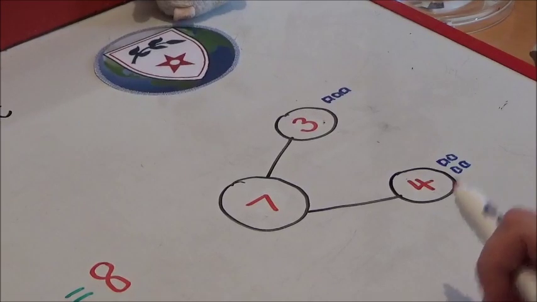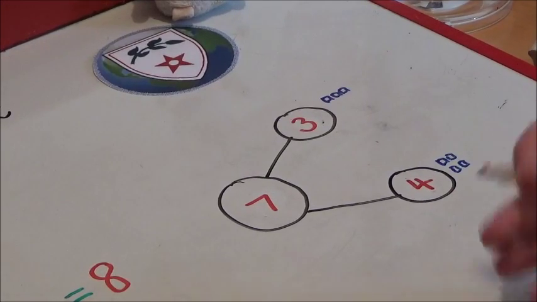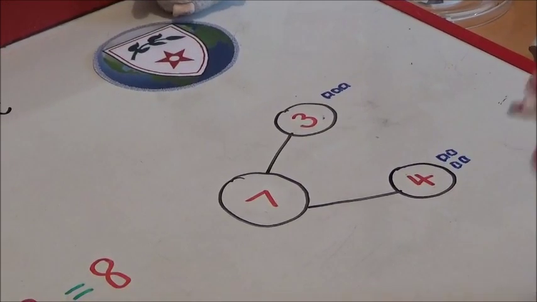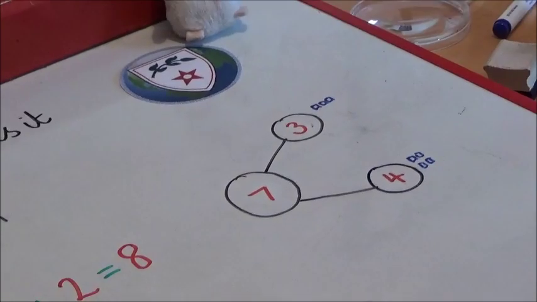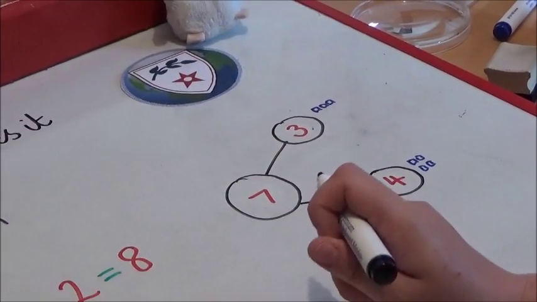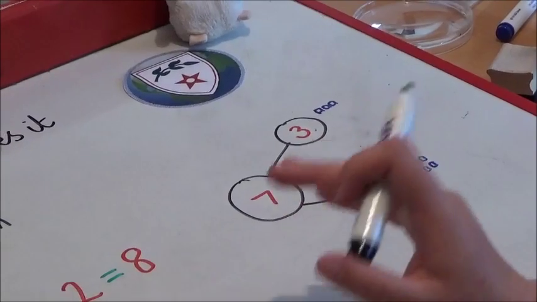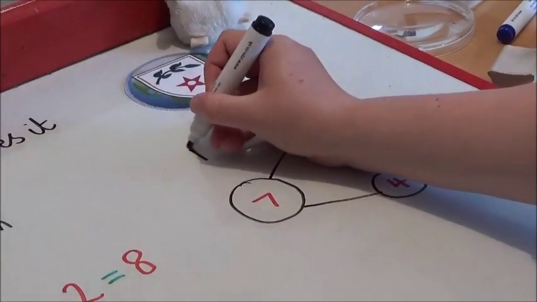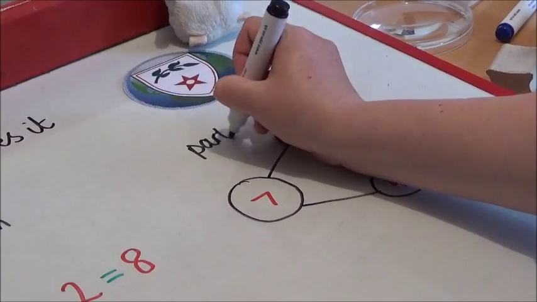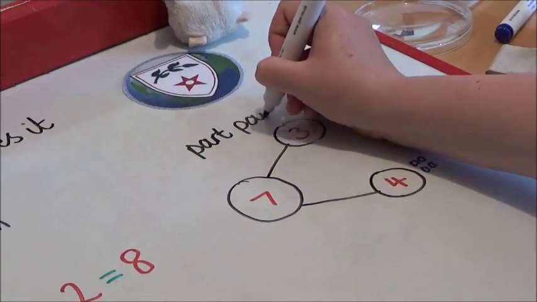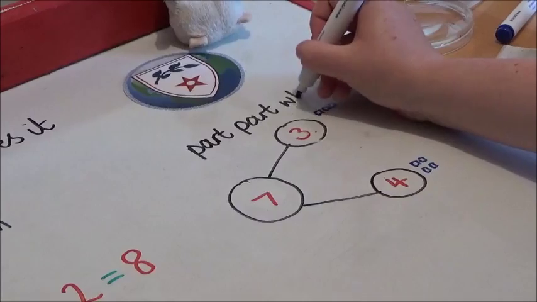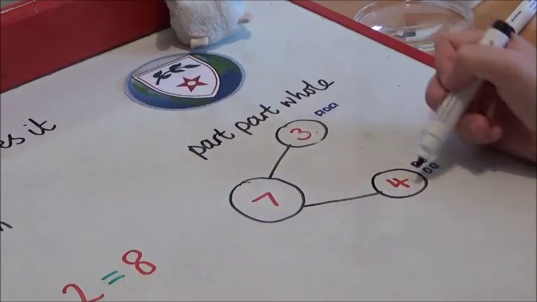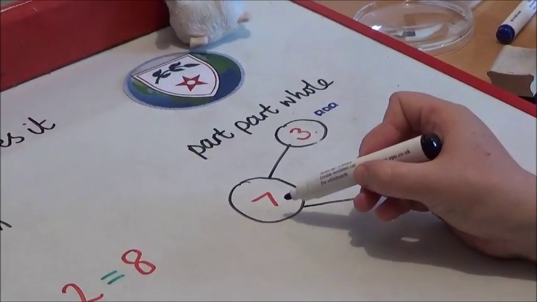These are all number facts that are really important that you know so that you can become more fluent when adding. So a part-part whole diagram is a really good way of remembering and understanding those number facts. I'm just going to write this up here to help us remember. Part-part whole diagram. These are the 2 parts and this is our whole.